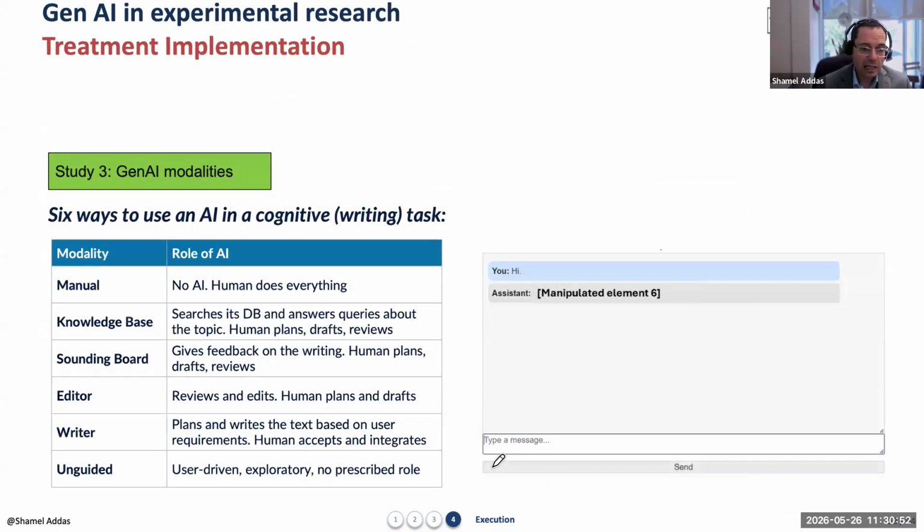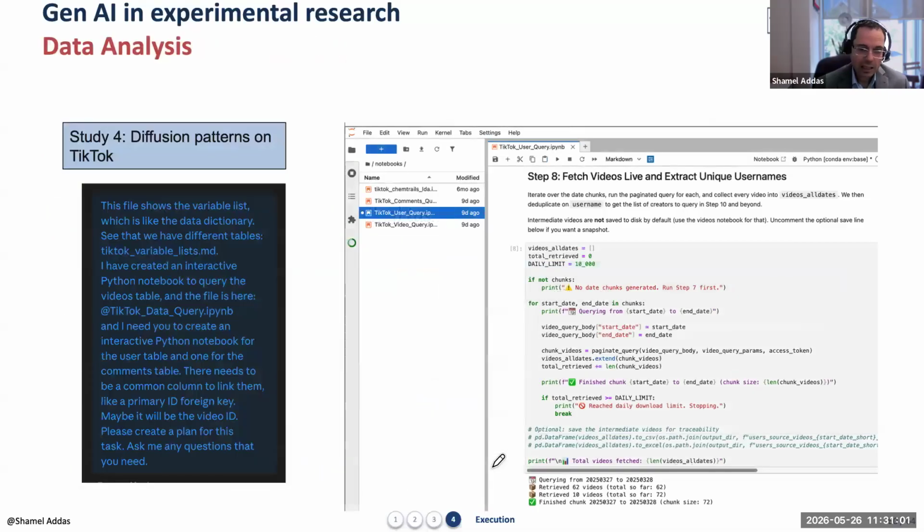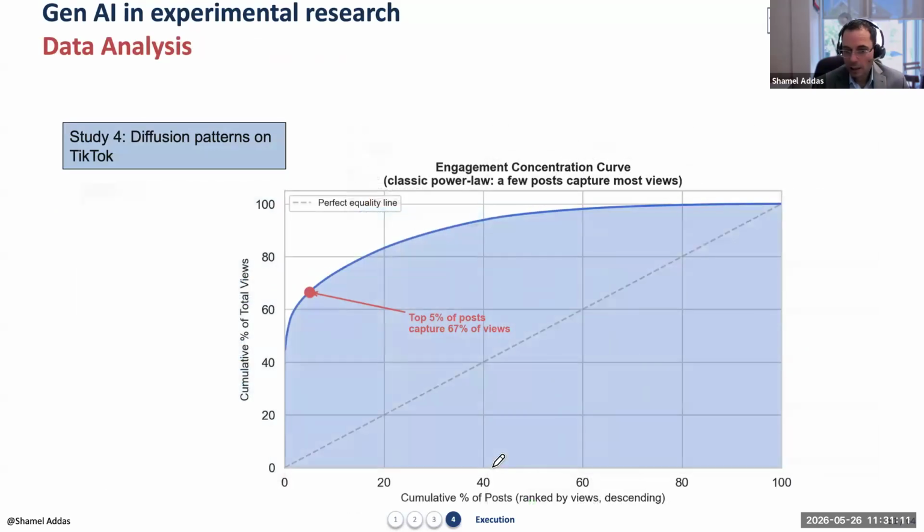We've used Gen AI as actually the subject of the treatment implementation, so 5 different Gen AI modalities in study 3 that I talked about. I've used Gen AI to help write code. This was a study on TikTok diffusion patterns, to write code to extract data from the different databases. I've used it for exploratory data analysis, to show preliminary insights from the data, and so on.